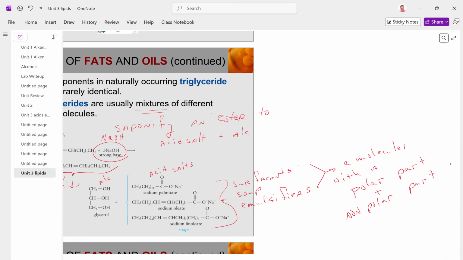Okay, if you look at soap, we've got the non-polar part, non-polar part, non-polar part, polar part. So those are all soaps or surfactants or emulsifiers.